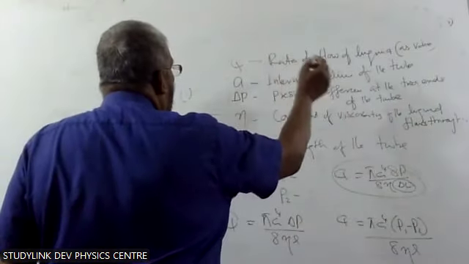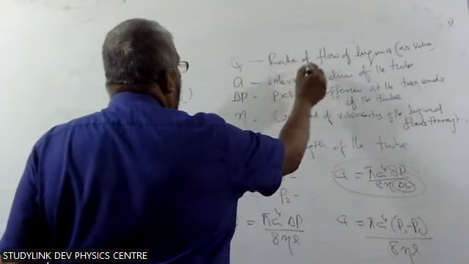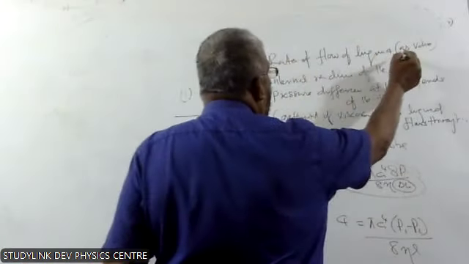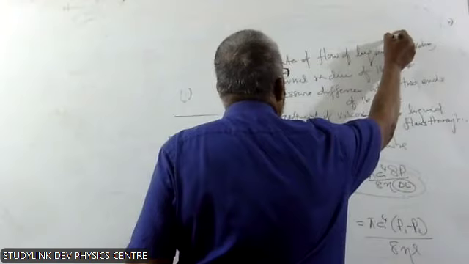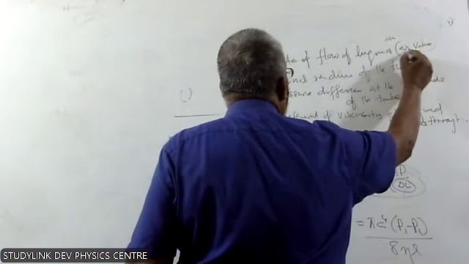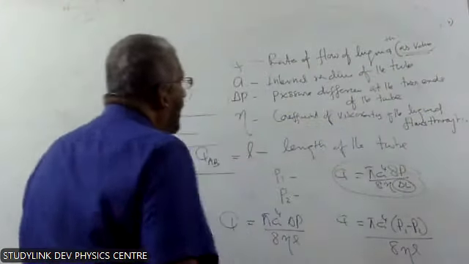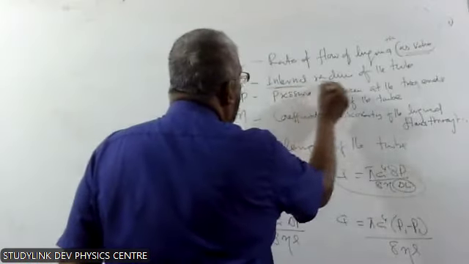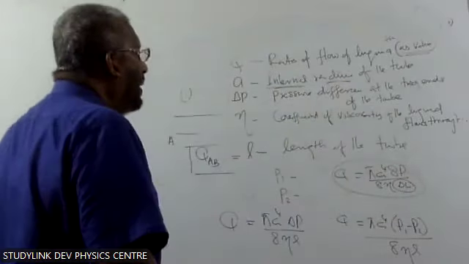Q is the rate of flow of liquid through the pipe. If you want, you can write tube, or volume, better to write. Here, internal radius must be written.